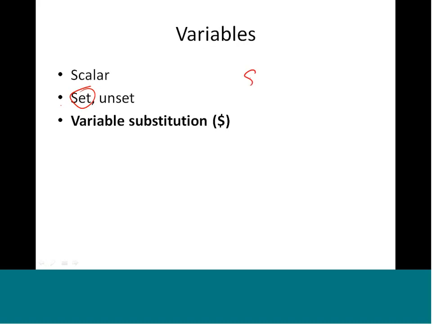So simply, set a 1 will be the same as a equal to 1, or a will have a value of 1. And these values can be either integer or floating, and then we will soon see other variable extensions. These are some of the things that we already saw in the very first lecture of Tcl.